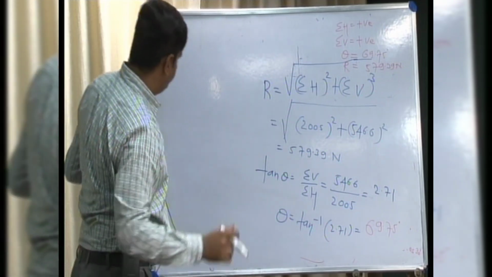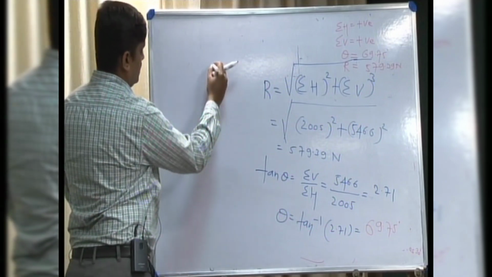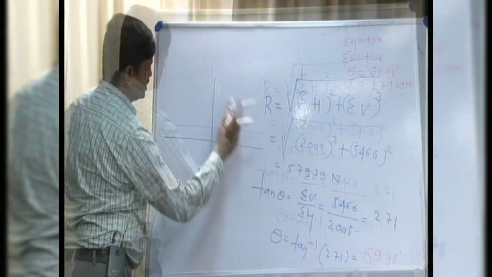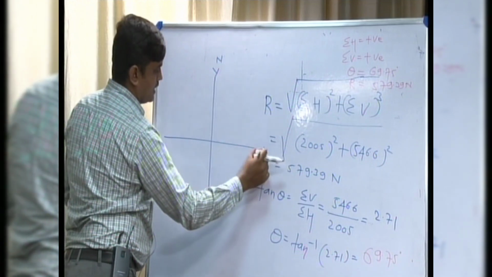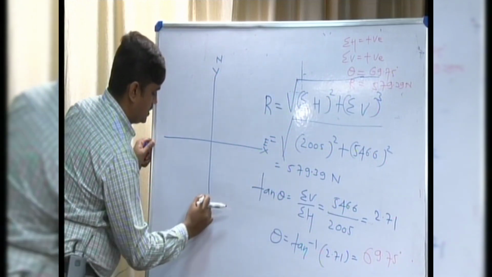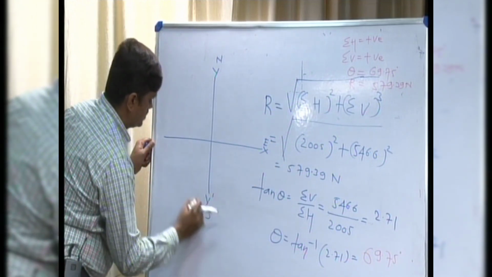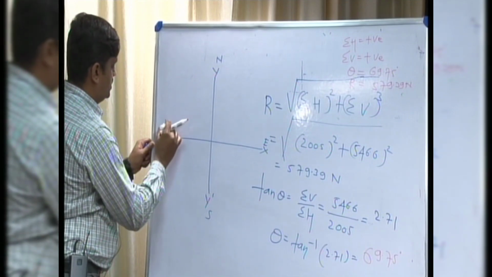We got the resultant with respect to y north, x east, y dash south, x dash west.